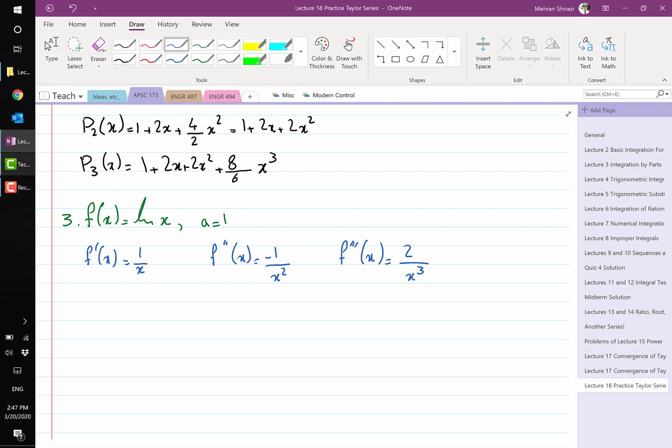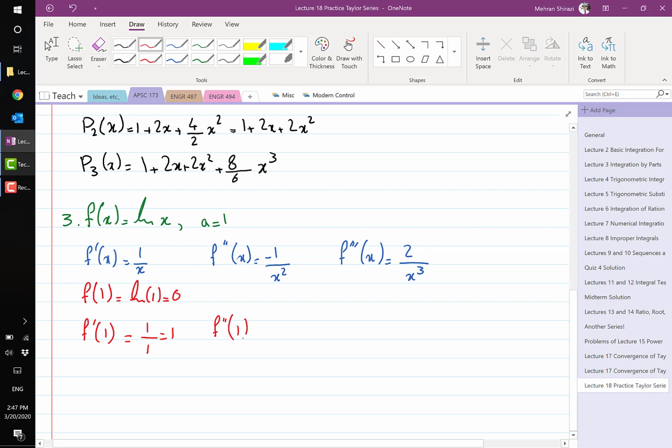So we start from, let me choose another color for this part, the first one, f of 1. F of 1 is ln of 1, which is 0. Then we find f prime at 1, which is 1 over 1, which is 1. And we need the second derivative at 1.